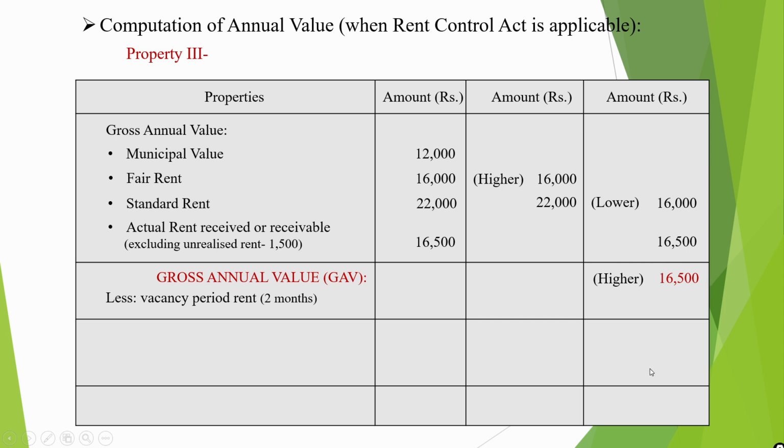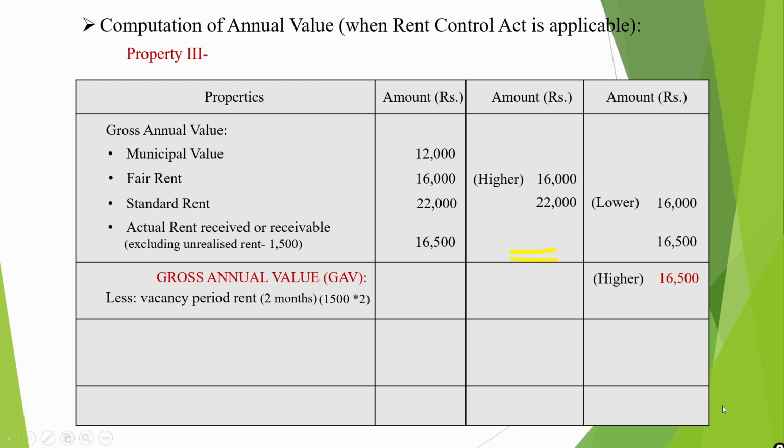Means in this case GAV 16,500 is equal to annual or actual rent received or receivable. That's why in this case the vacancy period rent can be deducted from the gross annual value.